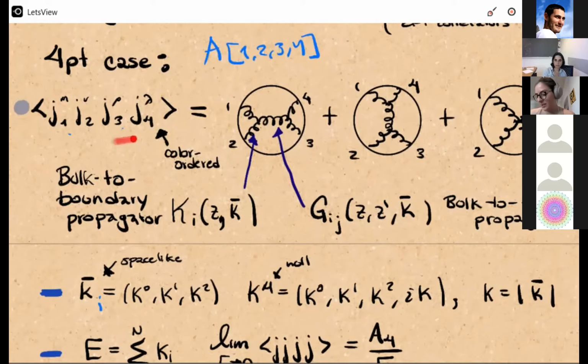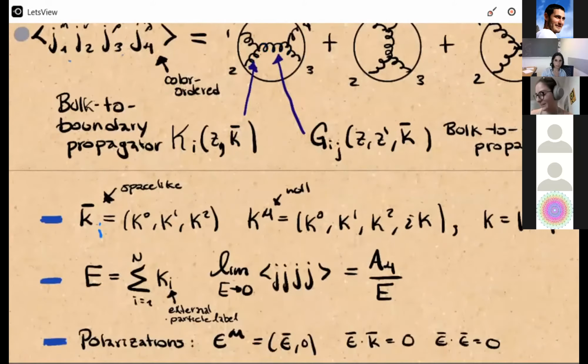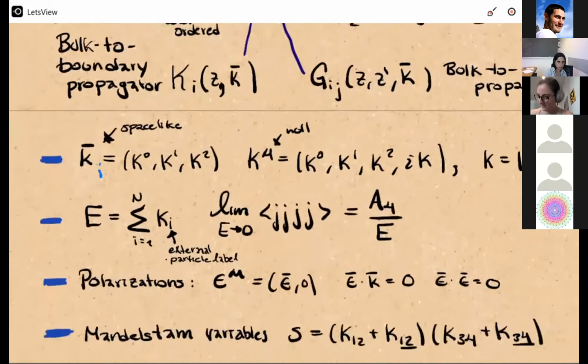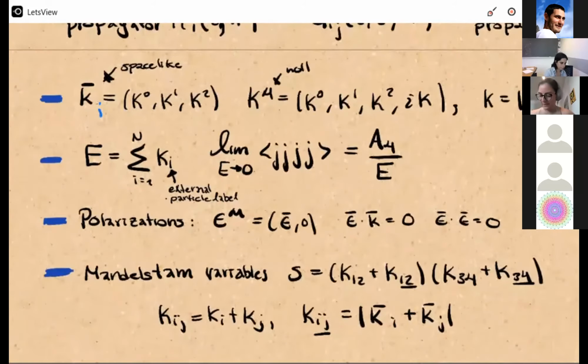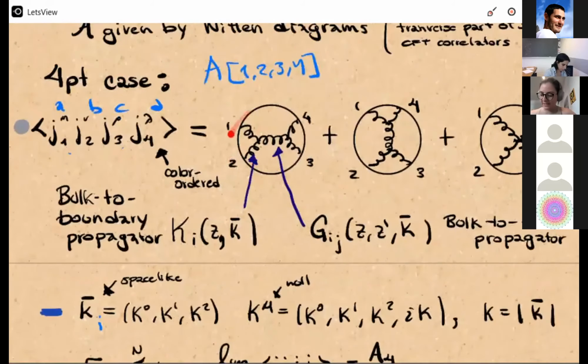Whenever I have these J's, each of these should have an A, B, C, D index for their colors. I'm suppressing them just for simplicity. A lot of times I'm just going to write something like this, but you should remember all these are currents. I'm working with gluons propagating on AdS.